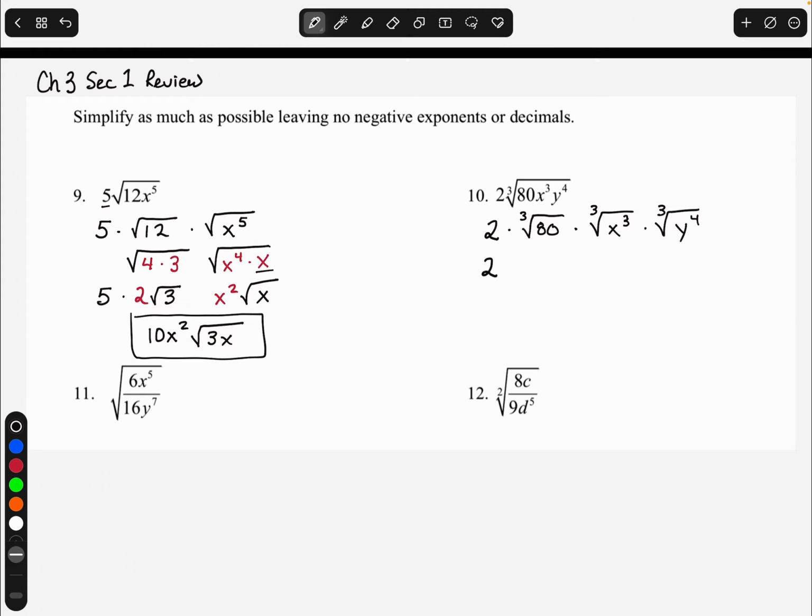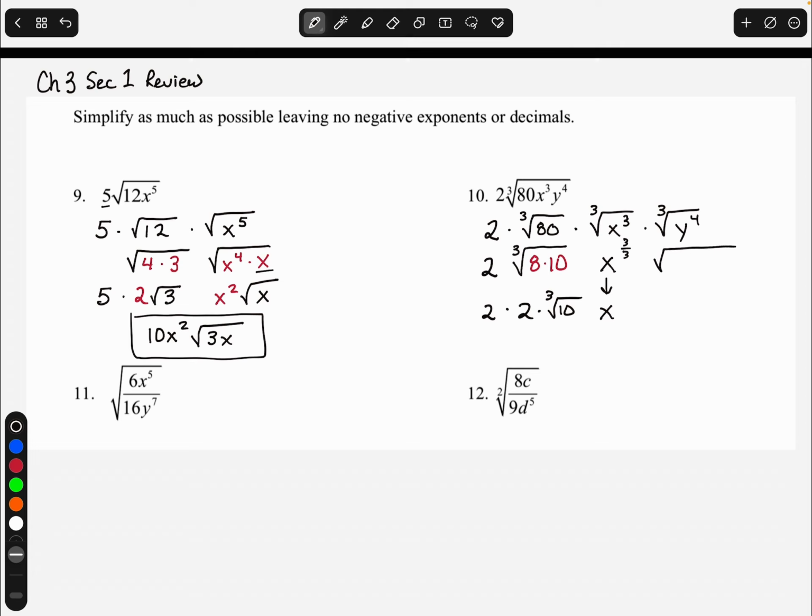If I'm looking at 80, I know that could be rewritten as the cube root of 8 times 10. I know the cube root of 8 would be 2, so I'm now looking at 2 times the cube root of 10. The cube root of x to the 3rd, remember, that's like saying x to the 3/3, so that is just going to become an x.